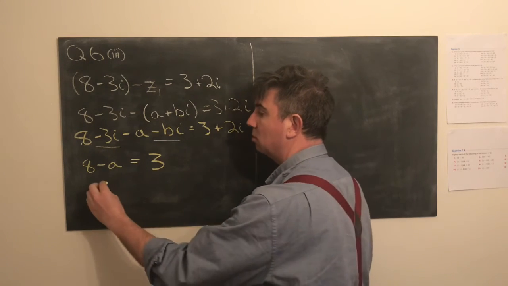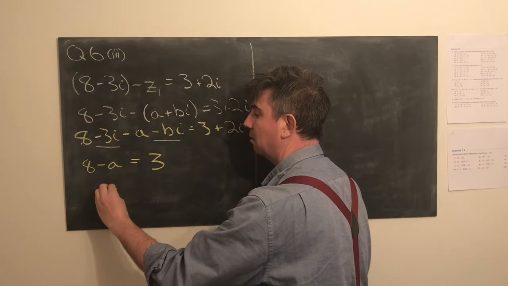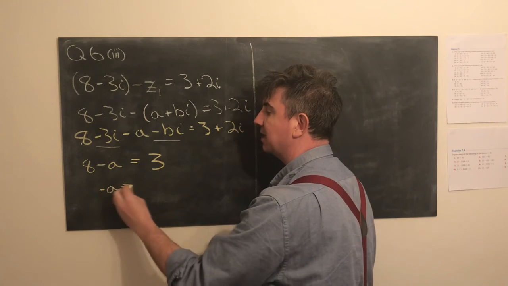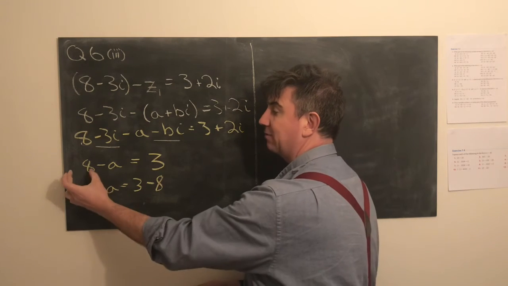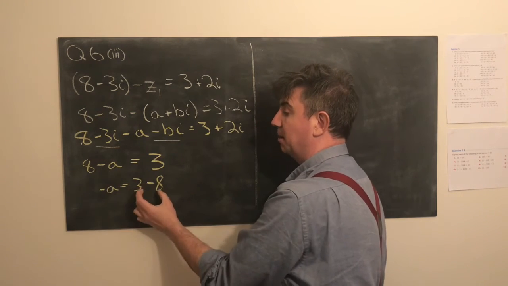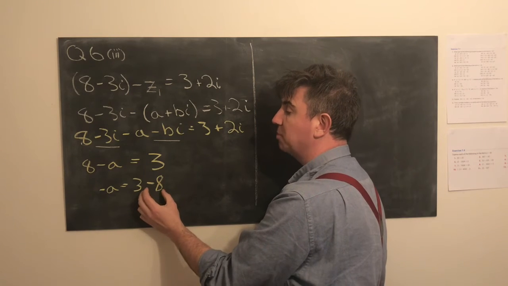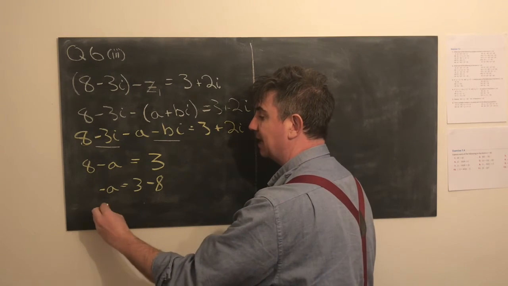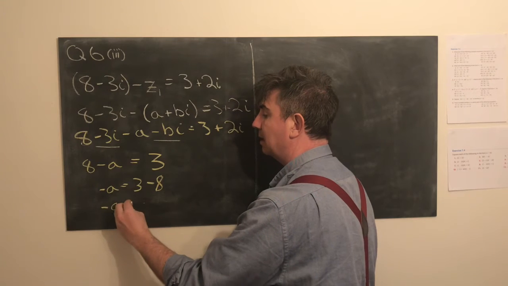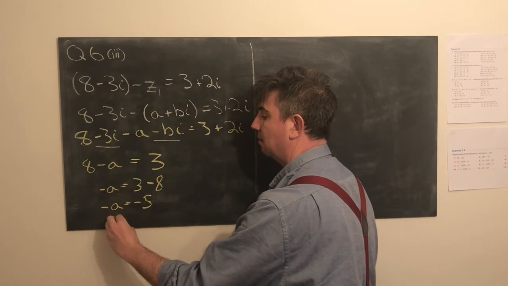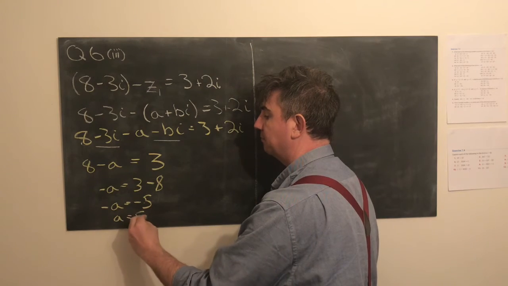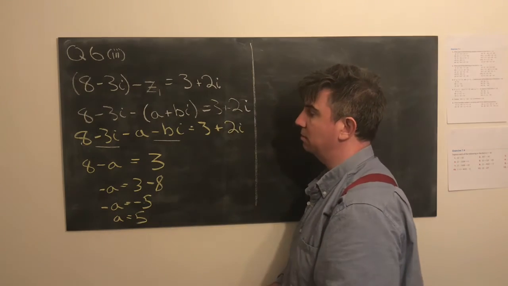So we now know that a, or rather minus a, is equal to 3 take away 8. So to get rid of adding 8 on this side, it becomes negative 8 on that side. We do the opposite on the other side. So that's minus a equals negative 5. So a equals 5.